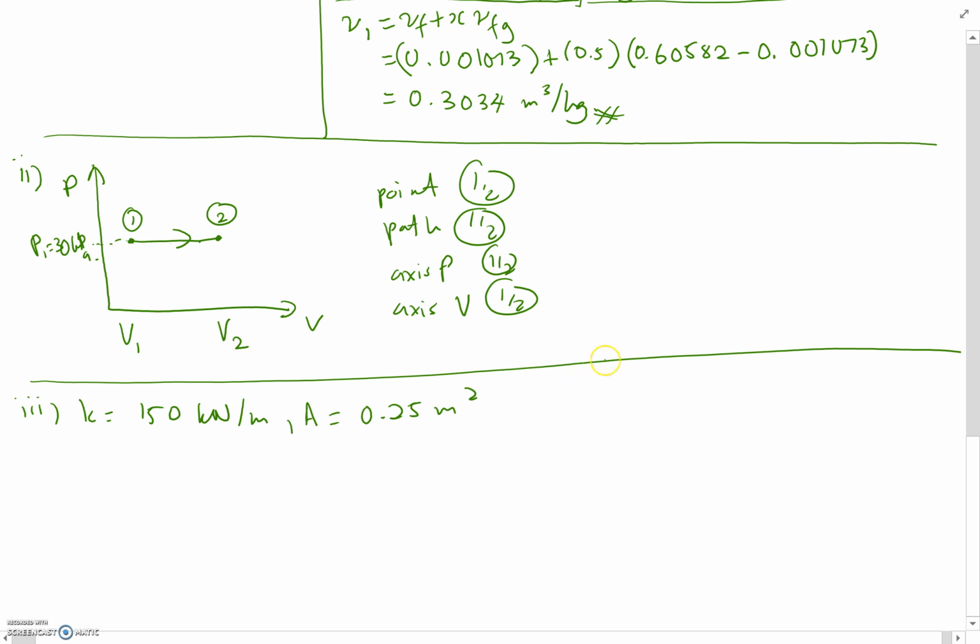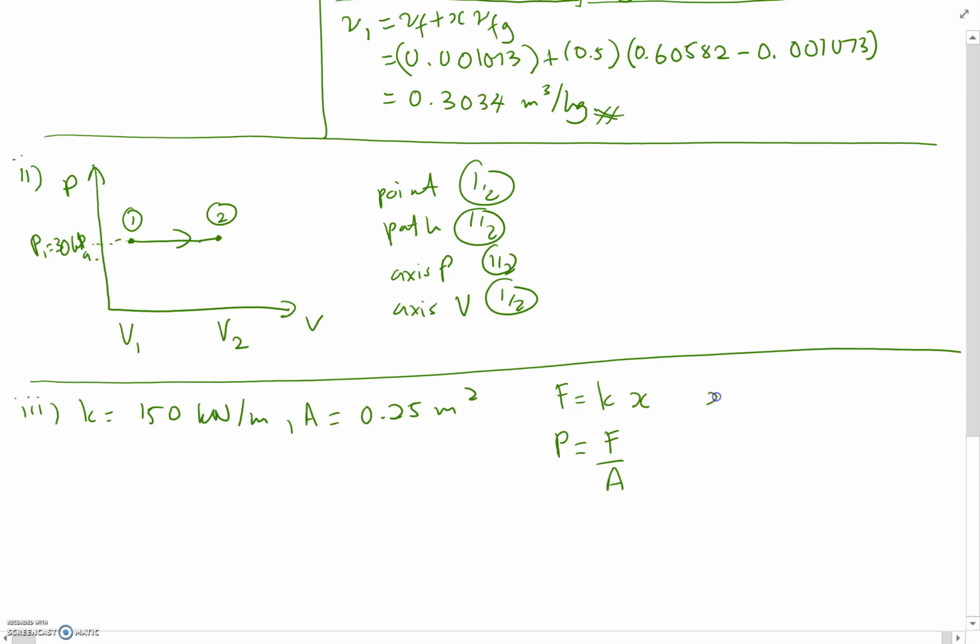We have the equation F equals Kx, to get P, pressure, equals F over A. So in order to get P, pressure, we need to get F. So how to get F? You need to get Kx. But you need to get X first.